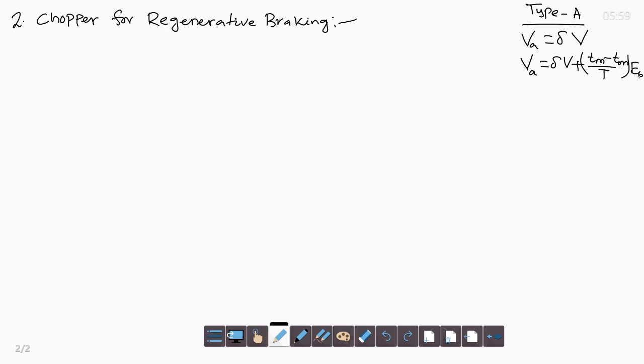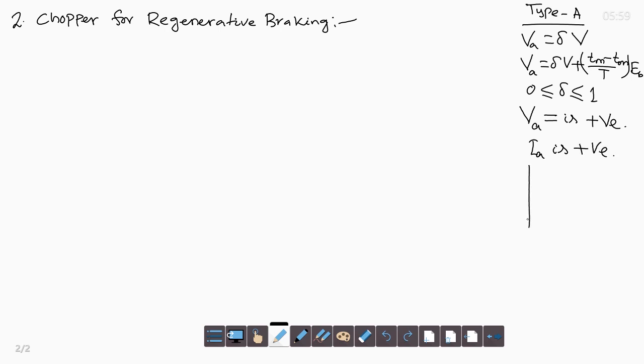As you can see from these expressions, the value of delta is between 0 and 1. So the average voltage VA applied to the motor is always positive, and the average motor current IA is also always positive.